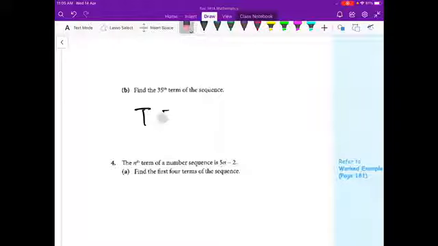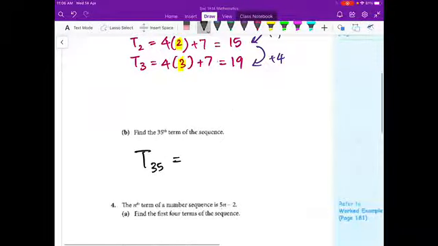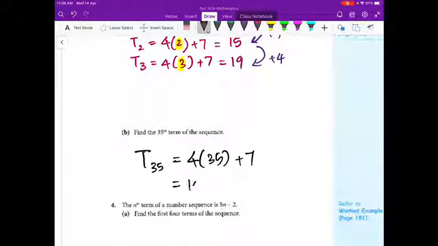And you don't push your luck. Just make it obviously small. A small 35 here. Write normally, but smaller on the bottom right hand side. So this is given by 4 times 35 plus 7. And we get 147.